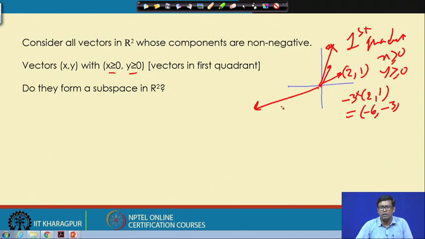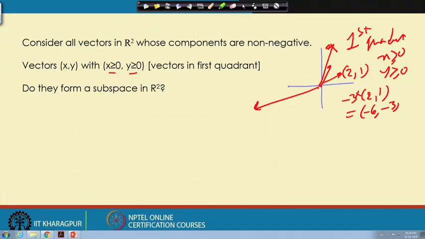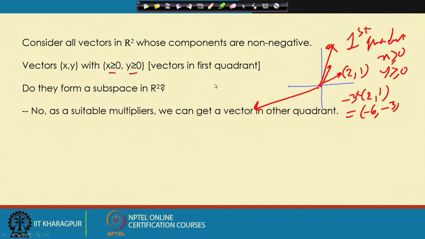So, if I test whether all vectors in the first quadrant form a subspace in R2, no, because if we multiply a vector with a negative number it will come out of the first quadrant. So, this cannot be a subspace. With a suitable multiplier, we can get a vector in another quadrant. We can linearly combine two vectors, multiply one with a negative number, and get a vector in the third quadrant, fourth quadrant, and so on.